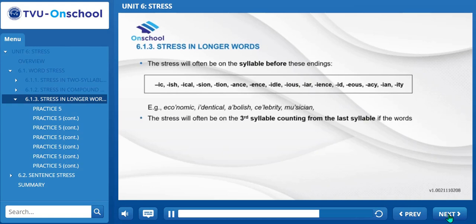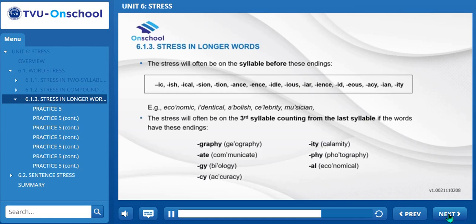Rule number 4. The stress will often be on the third syllable, counting from the last syllable, if the words have these endings. For example, graphy. We have geography. So if you count from the last syllable, phy, graph, o, we have geography.